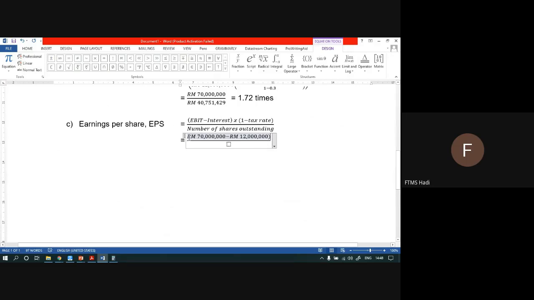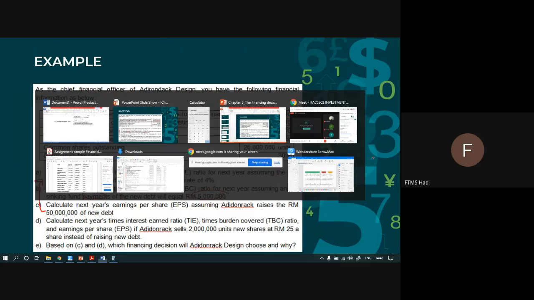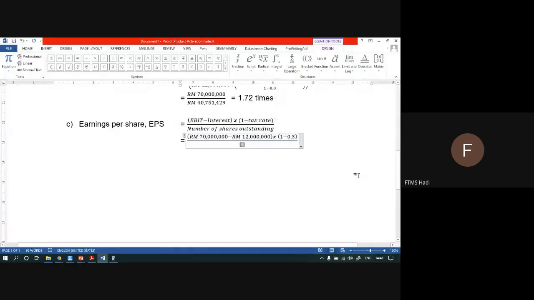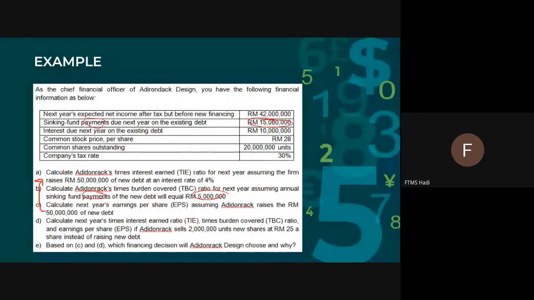I forgot to put the bracket. And then multiply by 1 minus 0.3, which is the tax rate, divided by number of shares outstanding. Please have a look at this one: common shares outstanding, 20 million units.